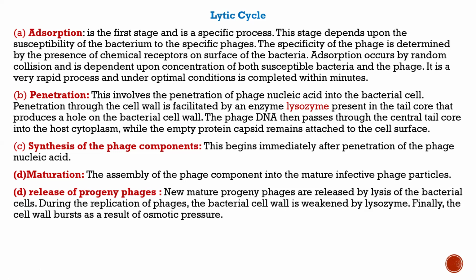This tail helps in adsorption, that's attachment, and it also hastens the transfer of the bacteriophage genetic material to the host cell. The phage DNA passes through the central core into the host cytoplasm, while the empty protein capsid remains attached to the cell wall surface.